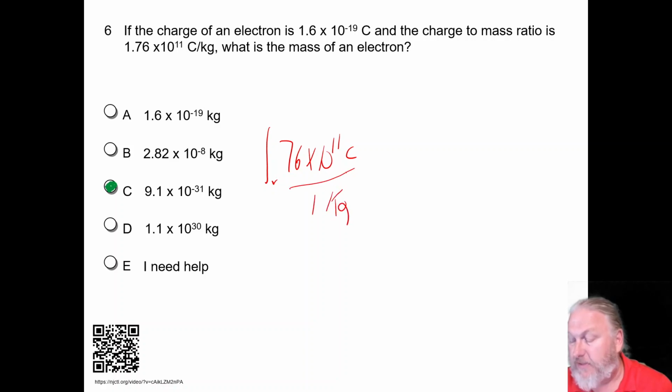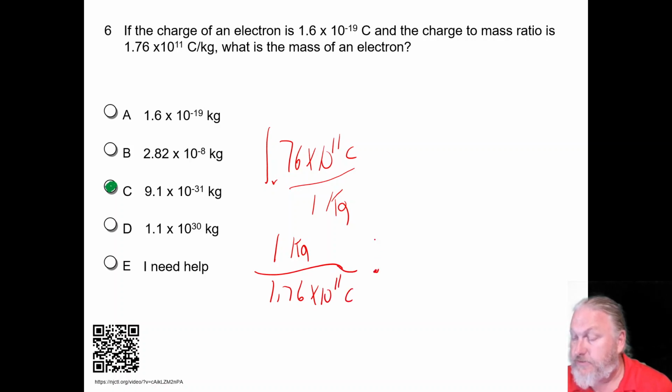Now we're trying to find kilograms. So what I'm going to do is take the inverse of that because I want kilograms. So I've got 1 kilogram over 1.76 times 10 to the 11th coulombs.